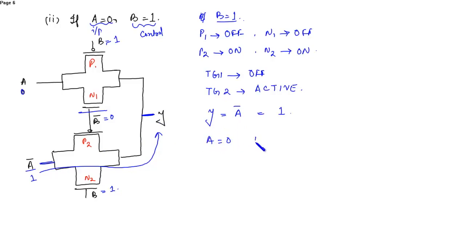So if A is equal to 0, B is equal to 0, then this is 1. If A is equal to 0, B is equal to 1, then the output obtained will be 1. So this is also verified. It is correct.